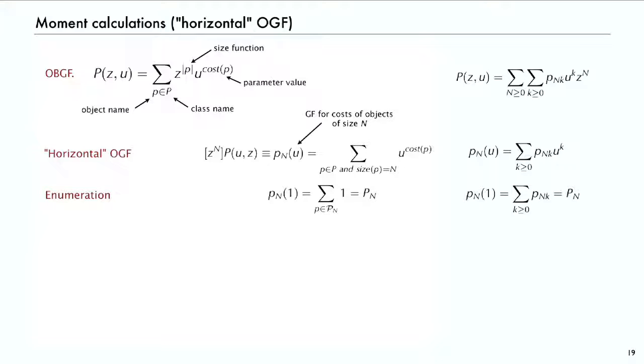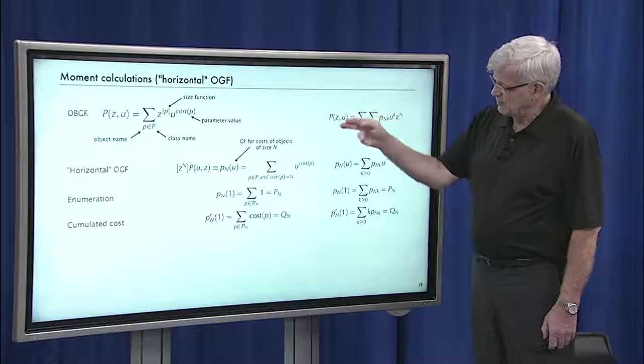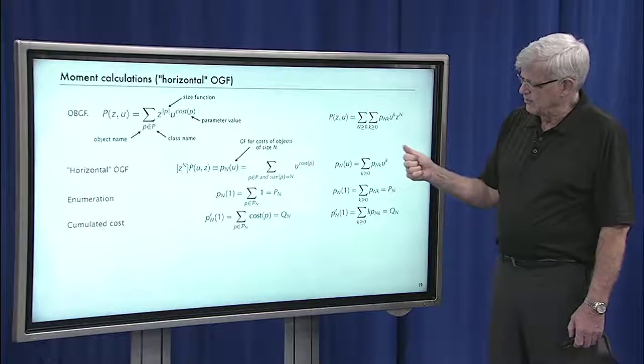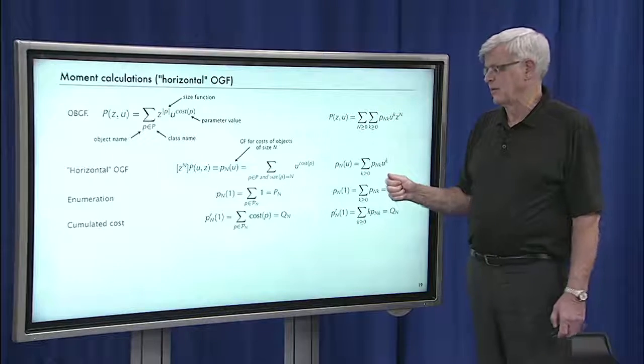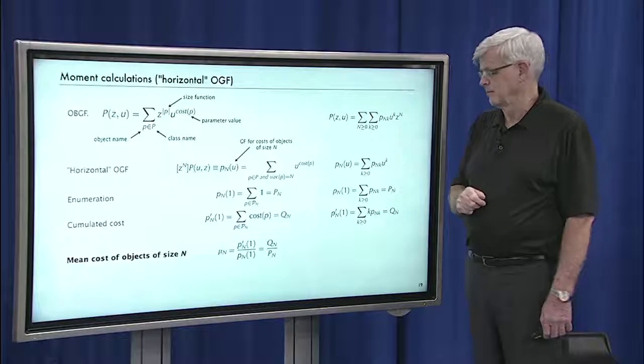So this p n of u is a useful thing for both enumeration and for accumulated costs. If you just differentiate that function and evaluate it at 1, then it's the sum of k p n k, which is your accumulated cost, q n. So if we know that p n of u, evaluate at 1 to enumerate, differentiate, evaluate at 1 to get the accumulated cost, and just divide those two to get the mean.